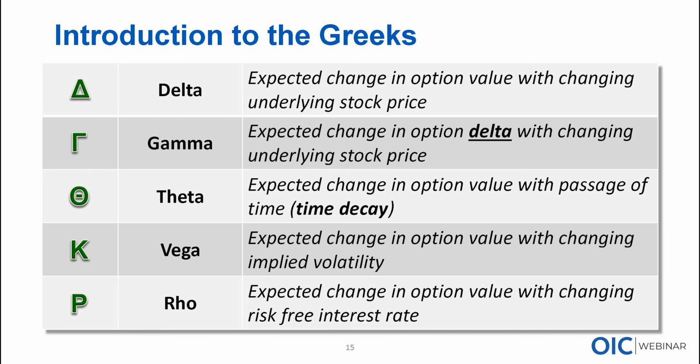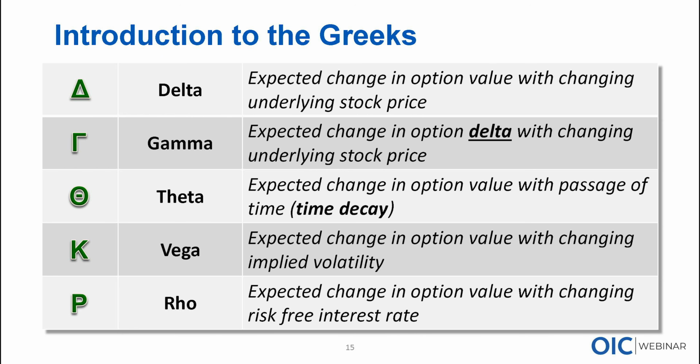The Greeks are a pricing concept that helps us make sense of what we think is going to happen to that option contract based on some of those underlying changes. You can see we've got the five most popular, or I hesitate to say useful, but the most common Greeks that people use.